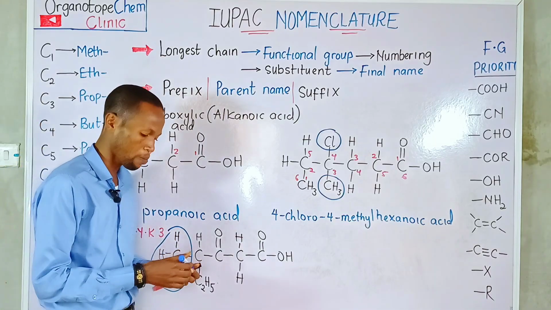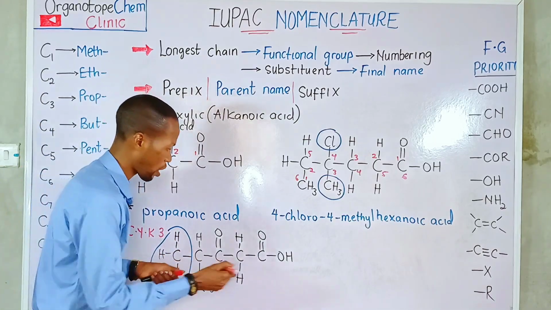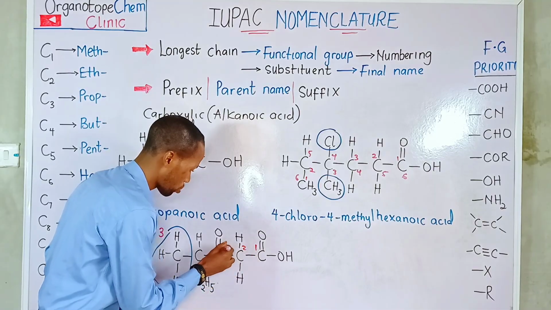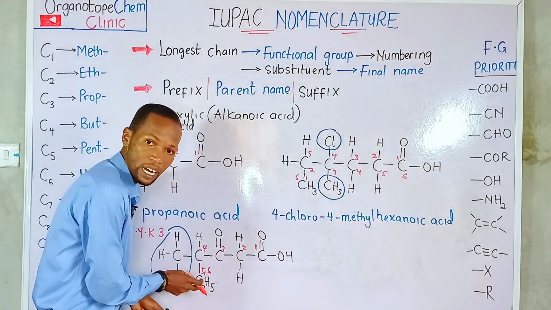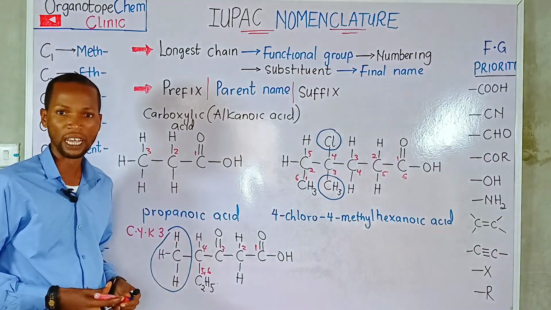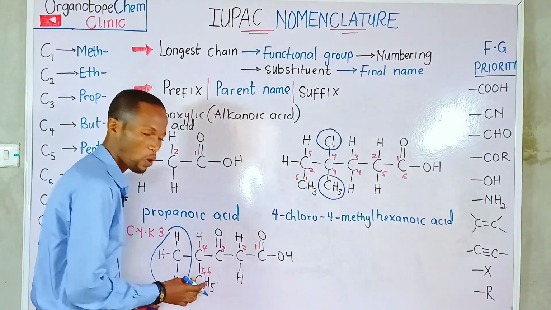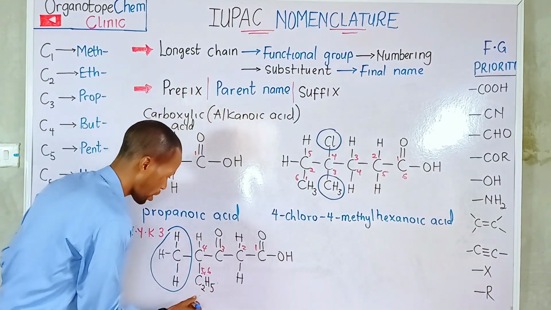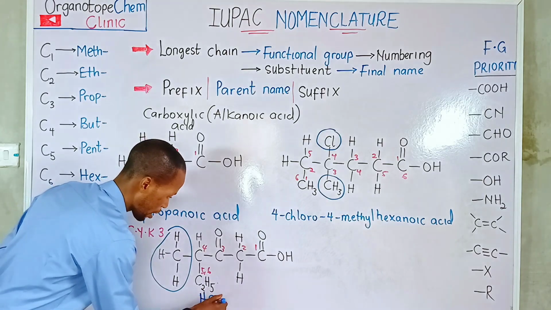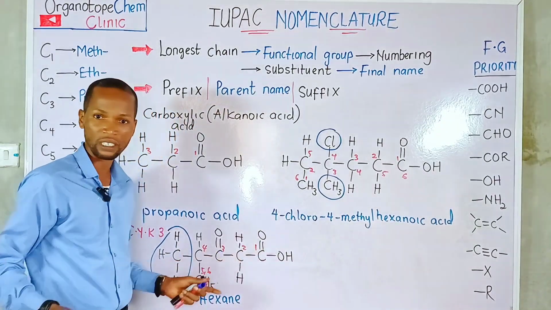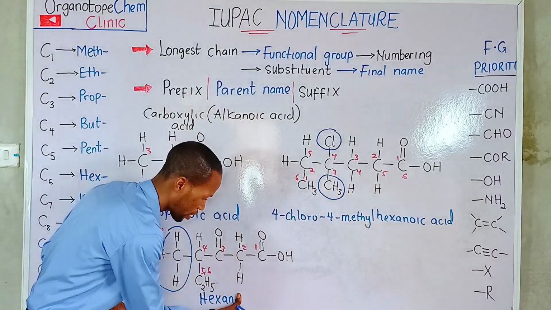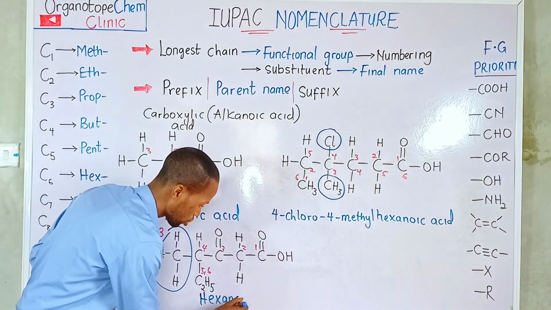So can we number the carbon atoms? We have 1, 2, 3, 4, 5, and 6. There are 2 carbon atoms in the ethyl group. So the name of this compound, when we ignore this functional group, is hexane, right? So the principal functional group is the oic acid. So I'll remove the E right here and introduce what?